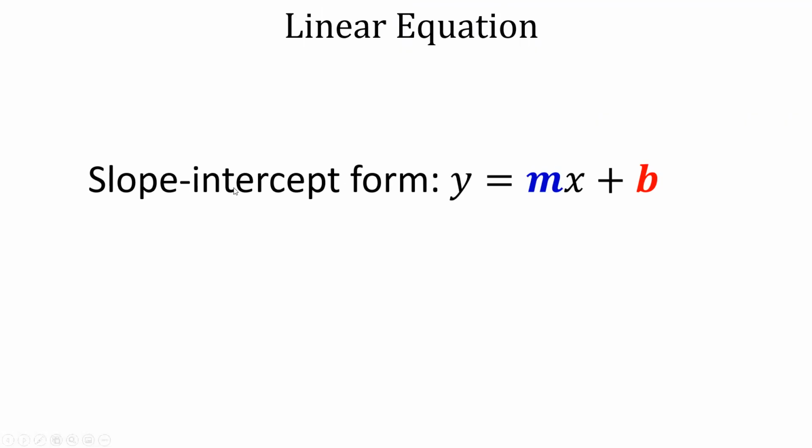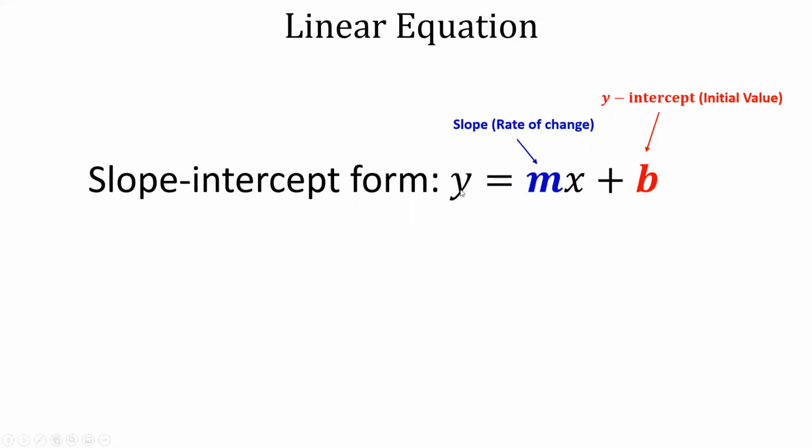It's called that because the slope and the intercept are very obvious when it's written in this form. The m is the slope, the b is the y-intercept. For our example, it would be y equals 2x plus 5, because every hour we're charged $2 for the slope, and we're initially charged $5. So y equals 2x plus 5 would be our equation.